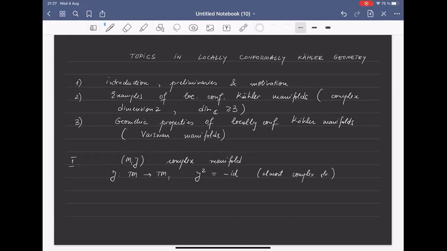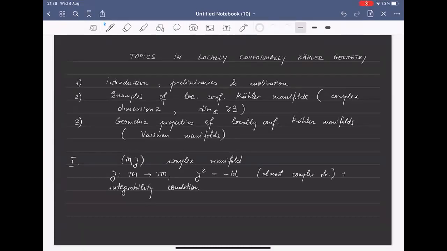Being a complex structure, it also satisfies some integrability condition, which is encoded in the vanishing of a tensor called the Nijenhuis tensor.